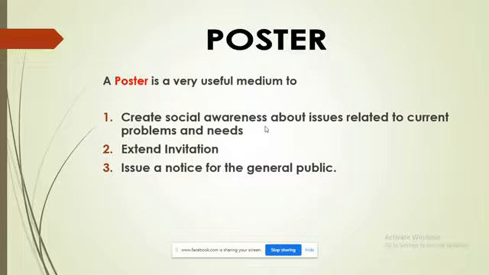Posters are also used to issue a notice for the general public to inform them. Suppose if they do something wrong, then what are going to be the consequences? And also to inform, for example, these days you may be seeing many posters outside the grocery shops to inform how to stand and how to buy things from a grocery shop, how to maintain social distancing, wearing masks and all.